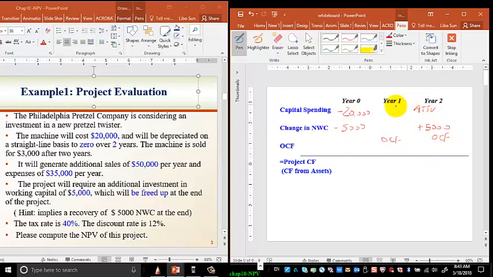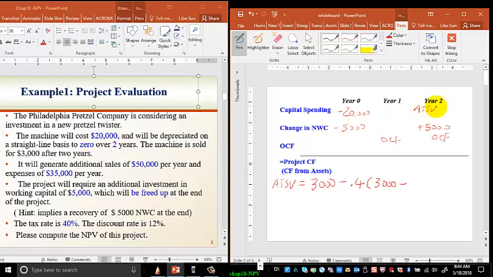We listed some information we know already. Now we're going to do 2 more calculations. Let's do ATSV. The machine is sold for 3,000. That is the salvage value. The tax is 40%. The tax applies to the difference between the salvage value and the book value. Remember, the book value of the machine is going to go straight down all the way to 0 at the end of year 2.